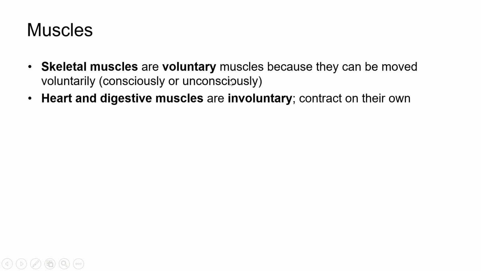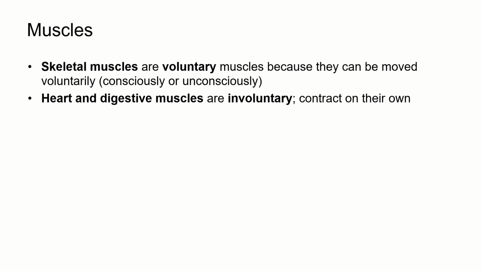All right, so skeletal muscles are what we call voluntary, meaning that you can move them voluntarily. We talked about this before. You remember that you can move skeletal muscles consciously or unconsciously. And you remember that the heart and digestive muscles are involuntary. They contract on their own.